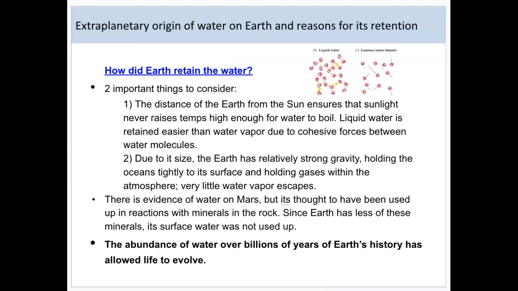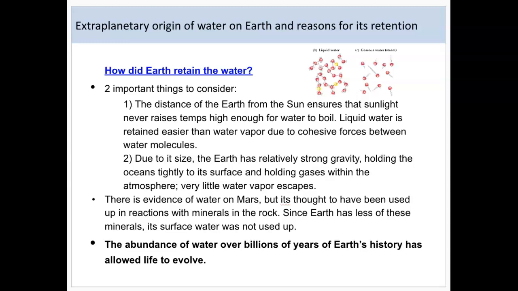Once water got to Earth, how did Earth retain the water? Well, there's two important things that we need to consider. The distance of Earth from the sun allows for the sunlight to not raise the temperature of the Earth high enough to boil water.